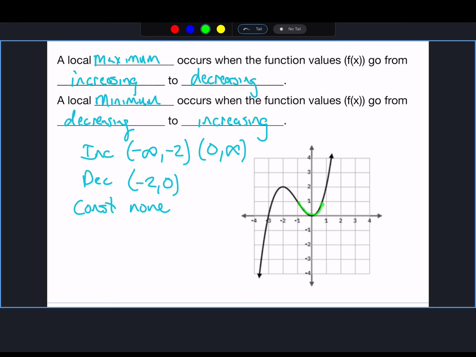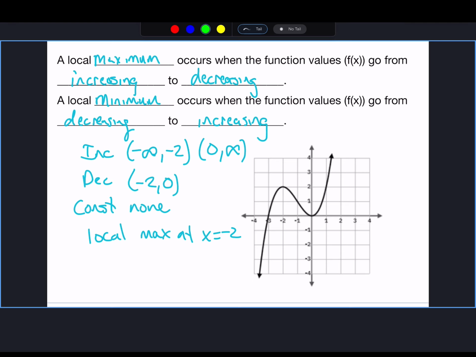Anytime you see a valley like this, that's a minimum. So at negative 2, we have a local max at x equals negative 2 because we go from increasing to decreasing.